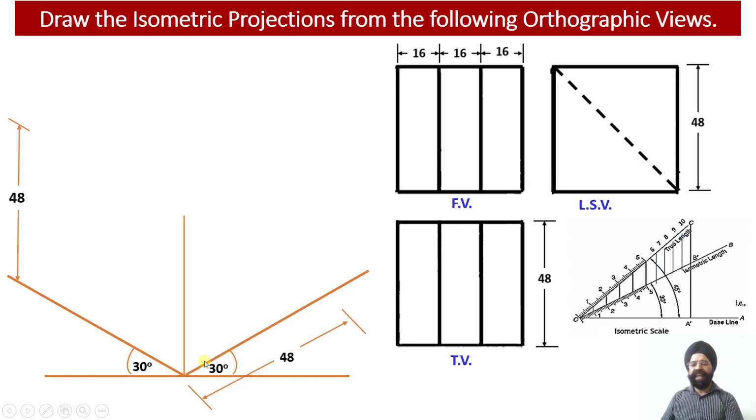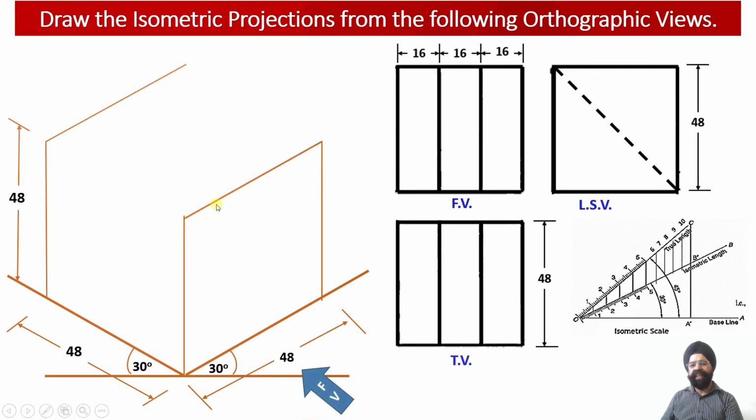So this length has been drawn along the z-axis and the distance has been marked as 48 millimeter, and the y-axis contains the height of the solid, which is equal to 48 millimeter. So once we complete the square face on this right hand side, we have to draw this isometric edge parallel to the z-axis, measuring 48 millimeter, and another isometric edge parallel to the y-axis, and this edge will also be measuring 48 millimeter. So this is our front view face of the solid.